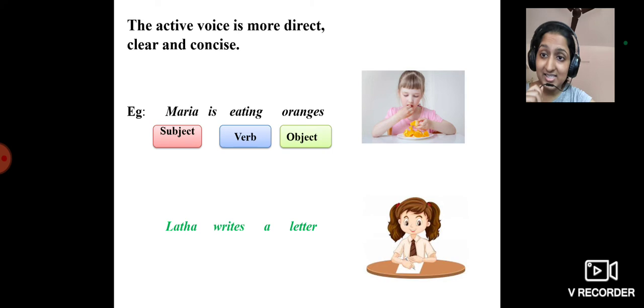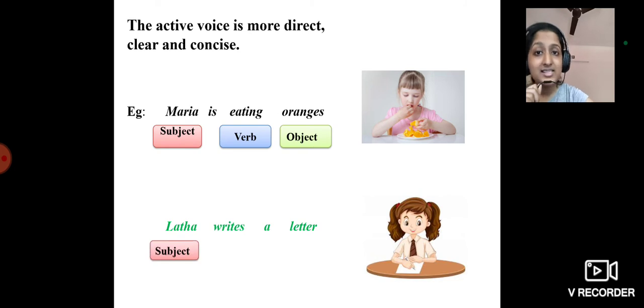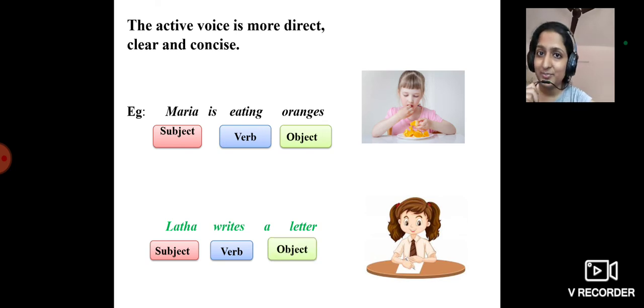Likewise, let's take a second sentence, that is, Leda writes a letter. Here, Leda is the subject, writes is a verb, and letter is the object. So, this is how active voice works. Sentences in active voice are more direct, clear, and concise.